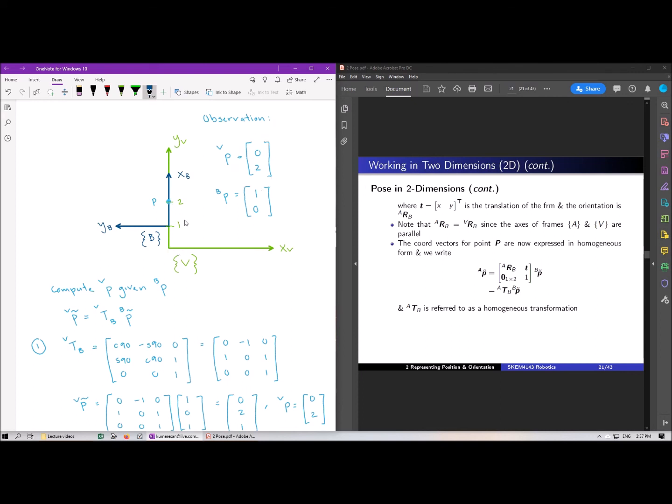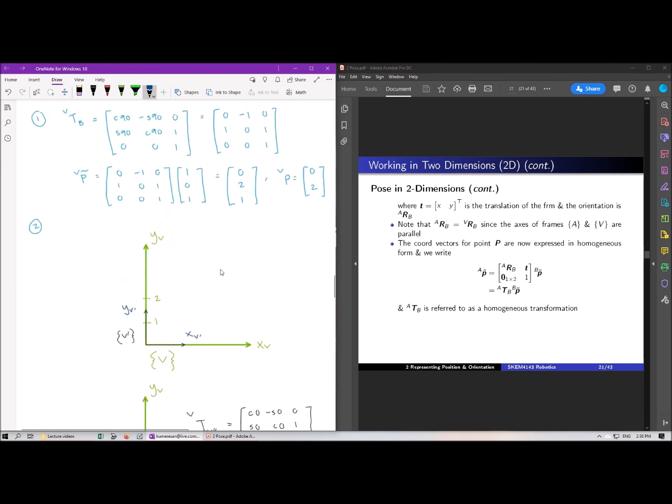But the same point with respect to coordinate frame B is 1, 0. Now we are just trying to test out the homogeneous transformation matrix that we have learned. Suppose the question is: compute PV given PB. Later when we get the answer, we want to check with this. If it's correct, then what we have learned is correct.